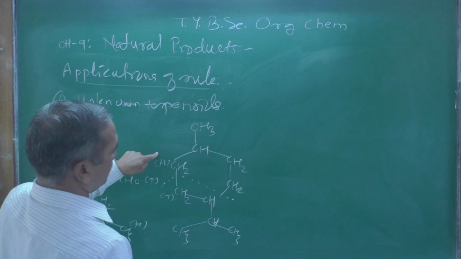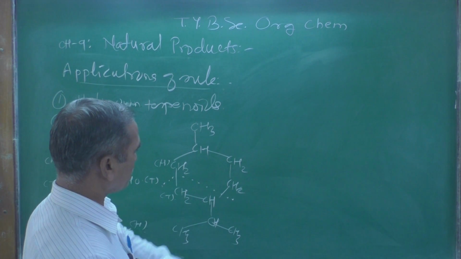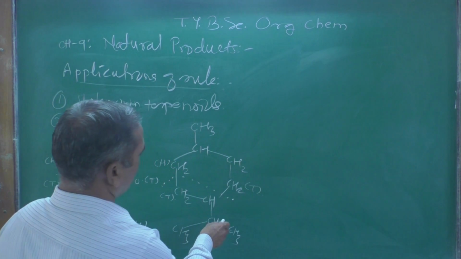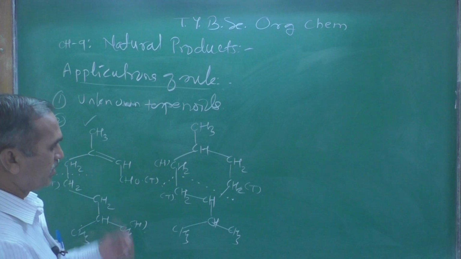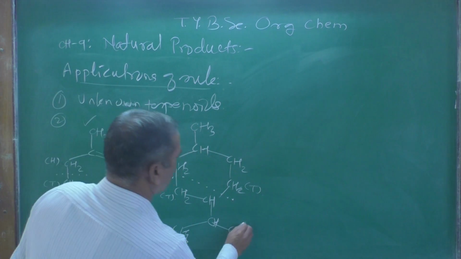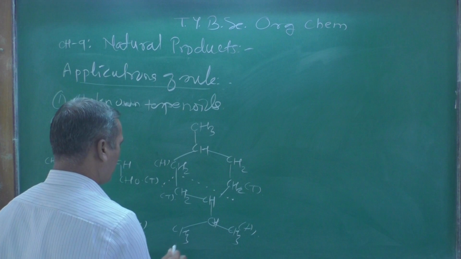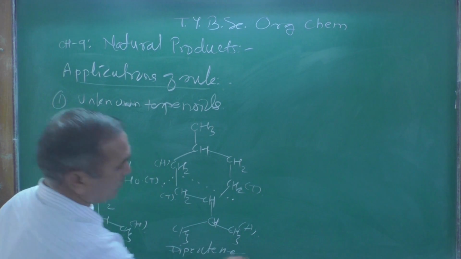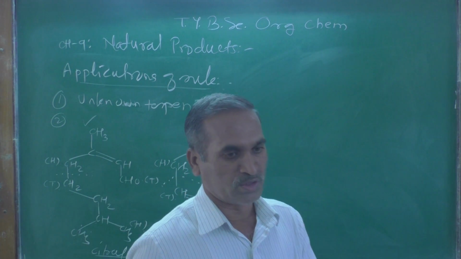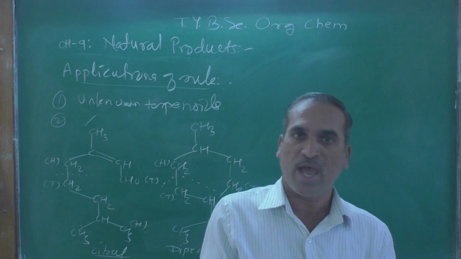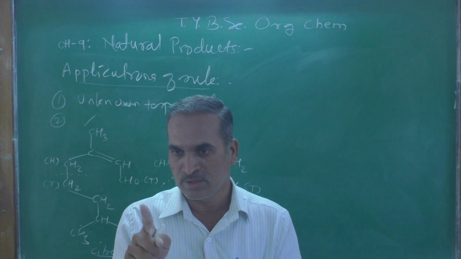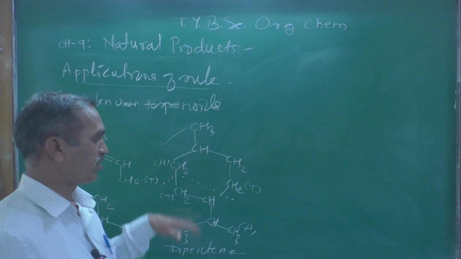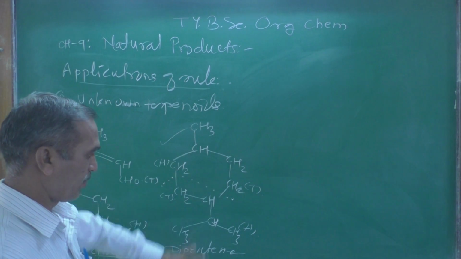And here again is a tail, and now this will be the head. So this is the structure of dipentene. Dipentene also follows the special isoprene rule as well as the isoprene rule, and therefore it is a naturally occurring terpenoid.